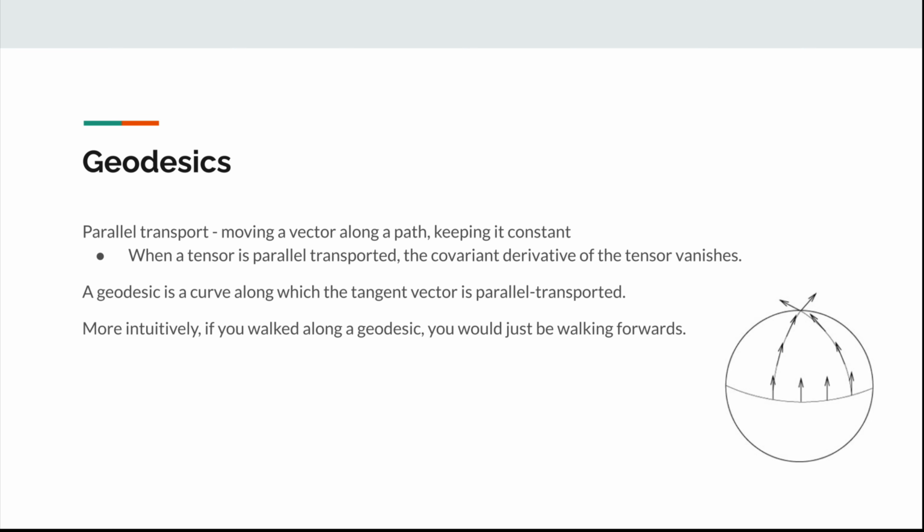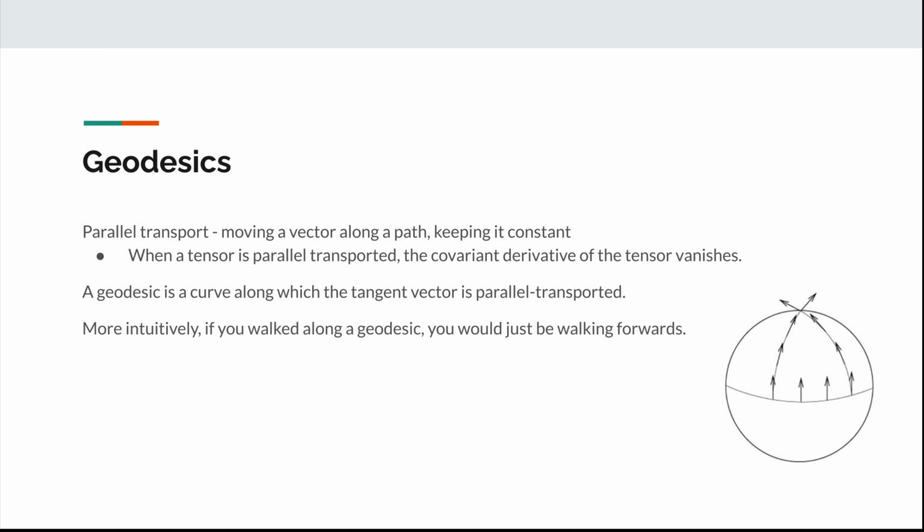So moving on to geodesics now, we have this concept of parallel transport, which is moving a vector along a path while keeping it constant. When a vector is parallel transported, the covariant derivative of the tensor vanishes. This makes sense, because what it means is just that the derivative is 0.